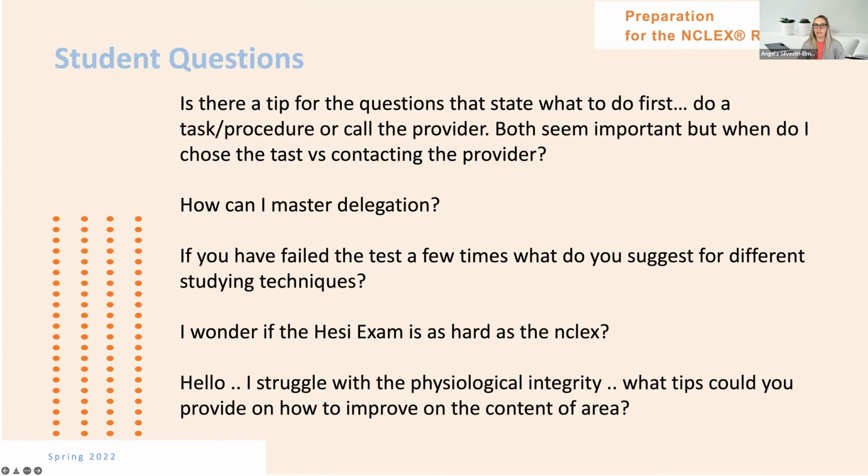All right. Is there a tip for the questions that state what to do first? Do a task procedure or call the provider? Both seem important, but when do I choose the task versus contacting the provider? We talked about when to call the provider and when not to. Often that's not a correct answer on the exam.